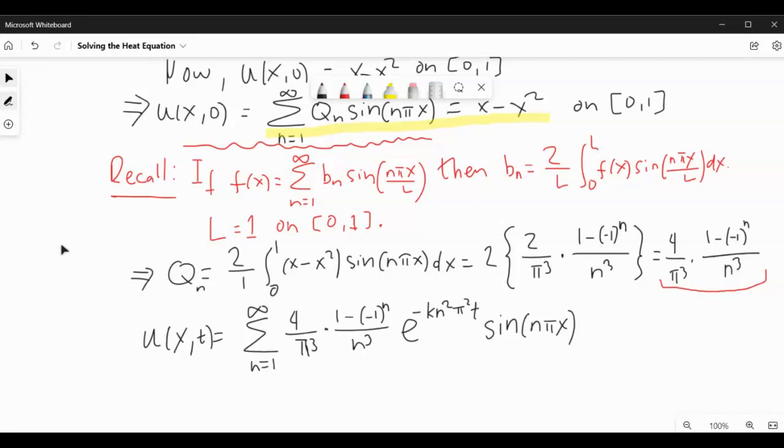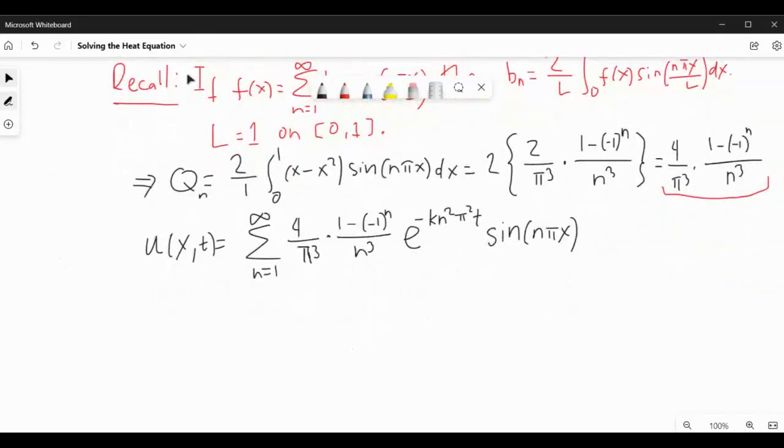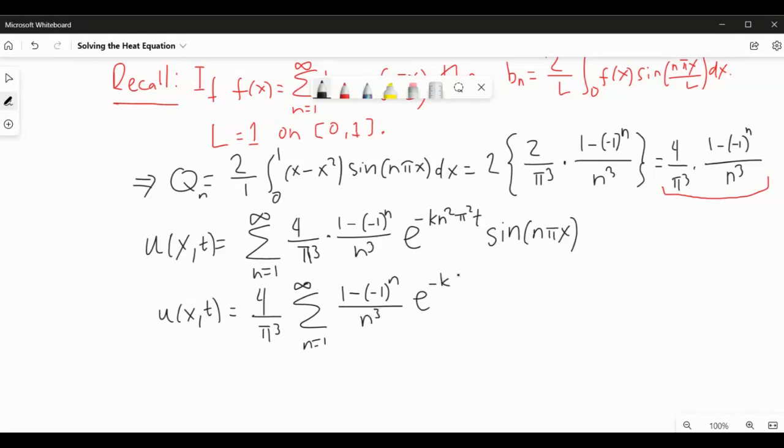Or finally, we can bring out the constants from our infinite summation so that this will become 4 over pi cubed times the infinite sum of 1 minus negative 1 power n over n cubed times e to the negative k n squared pi squared t times sine of n pi x.